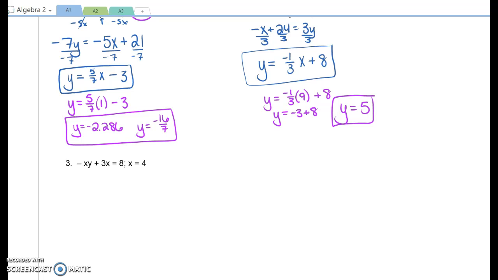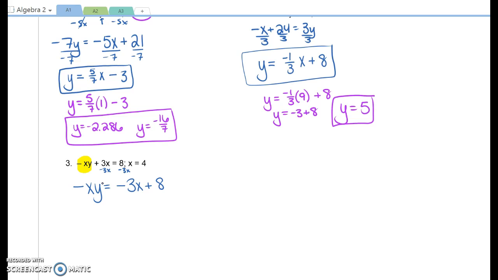One way involves factoring, but honestly, the other way is easier, so we'll go with the other way. Our first option is we need to get the y by itself. The y is in this term. So the first thing that we need to do is move the 3x to the other side. So we have negative xy equals negative 3x plus 8. We subtracted 3x on both sides.